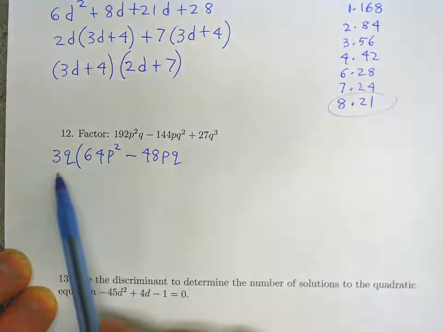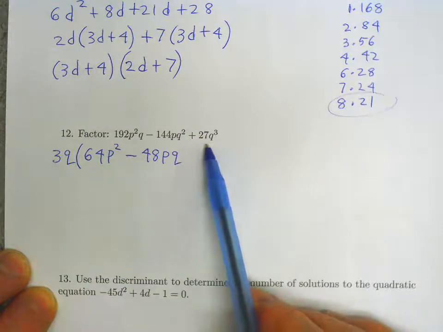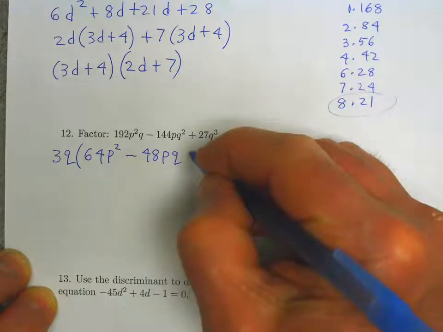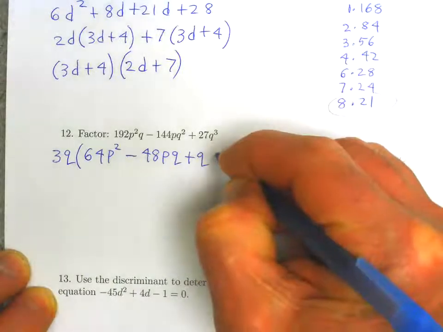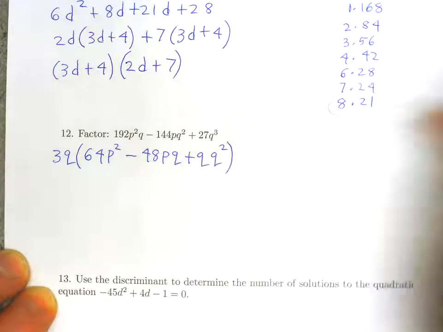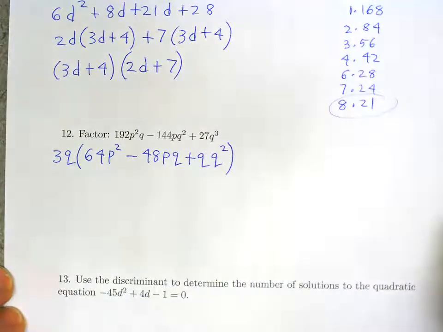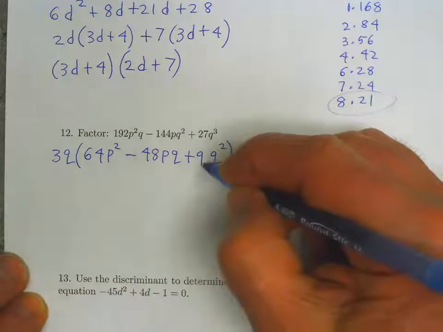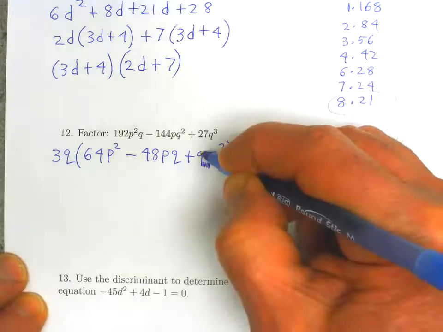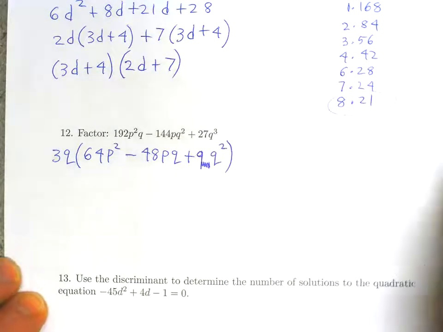And then factor 3q out of 27q to the third, you're left with 9q to the second. That's supposed to be a 9, not a q. 9 times q to the second.